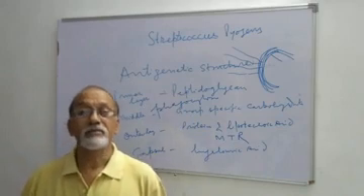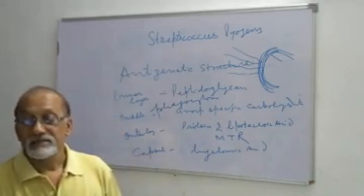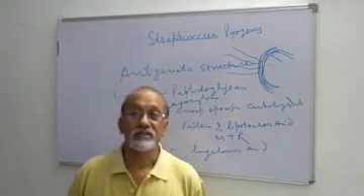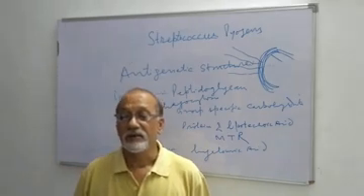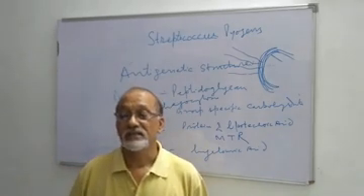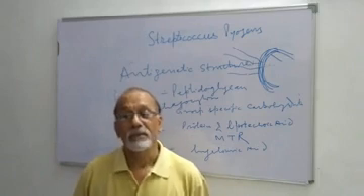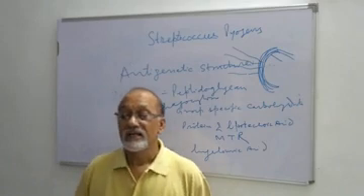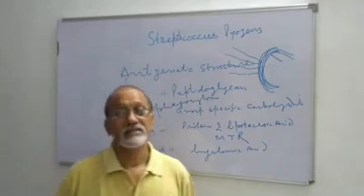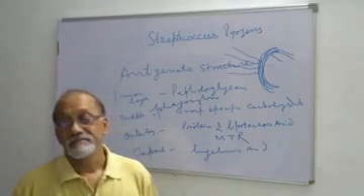And the R protein, some strains of Streptococcus pyogenes 1, 3, 28 and 48, and some strains of groups B, C and G contain this R protein.